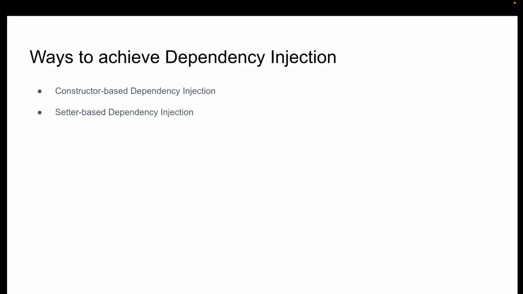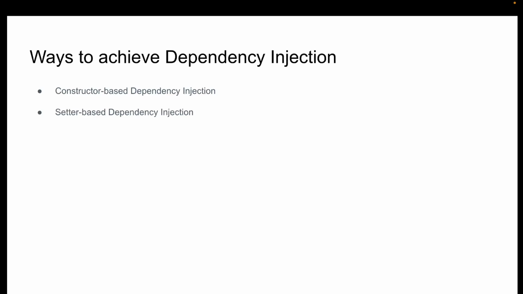So when we talk about constructor based dependency injection, let's take the example of an employee and address component. Let's say there's an employee with some data members.